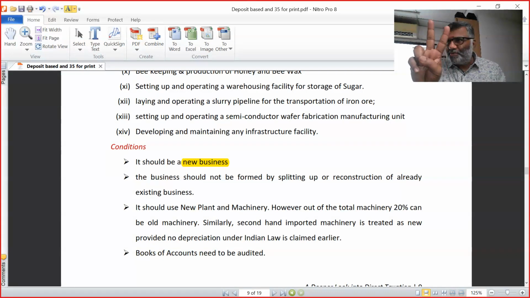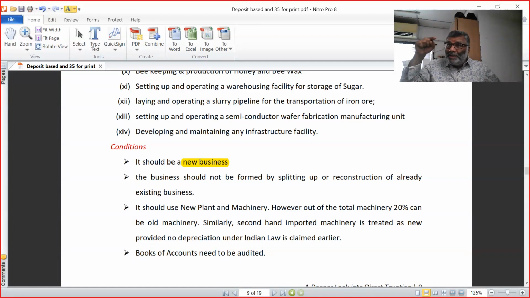2 conditions. It should not be formed by splitting up of an existing undertaking. 2, it should use new machinery, where 80% can be new. Now, from whatever I told you yesterday, I'm taking a small deviation. Here, an imported machinery is a new machinery.